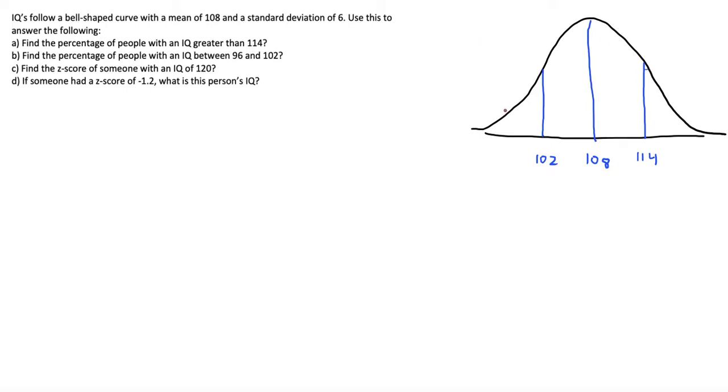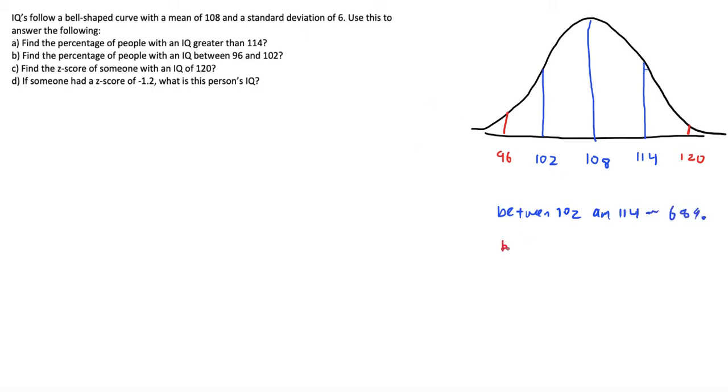Okay, so let's go 1 more standard deviation. So we'll subtract another 6. We get 96 here, right? And then if we add another 6 to this side, we get 120. Okay? So once again, what can we conclude? We can conclude that between 102 and 114, that's going to be approximately 68% of the population.